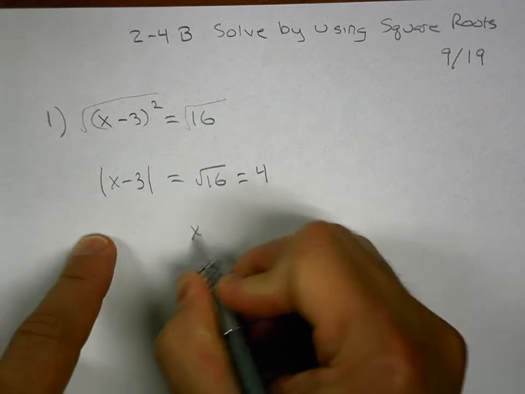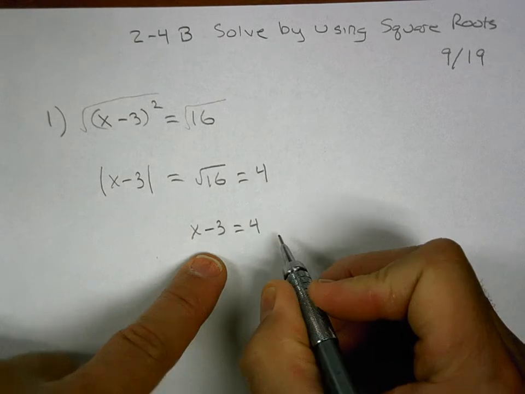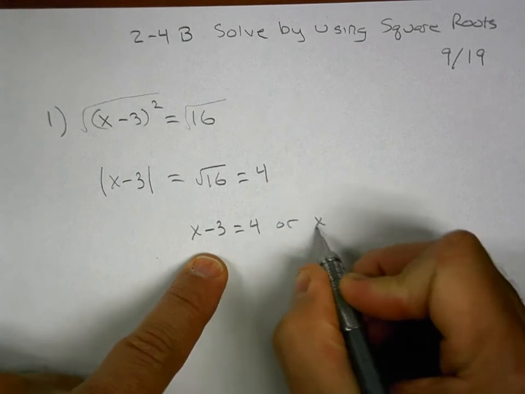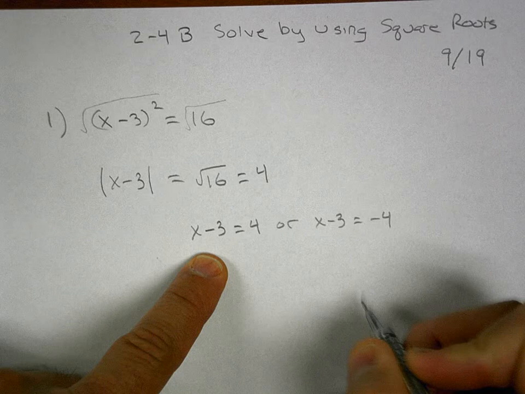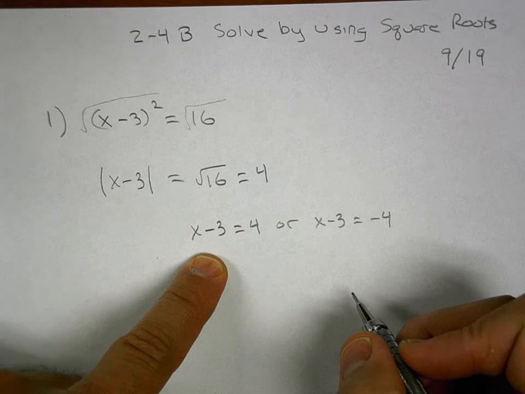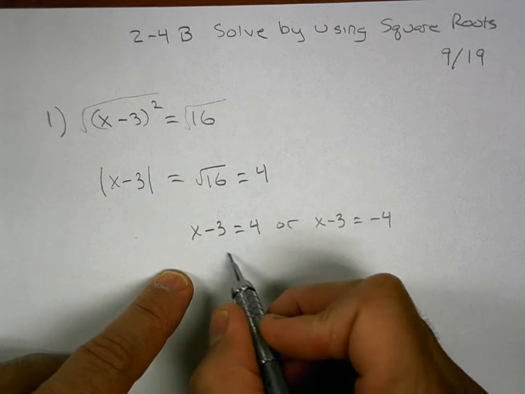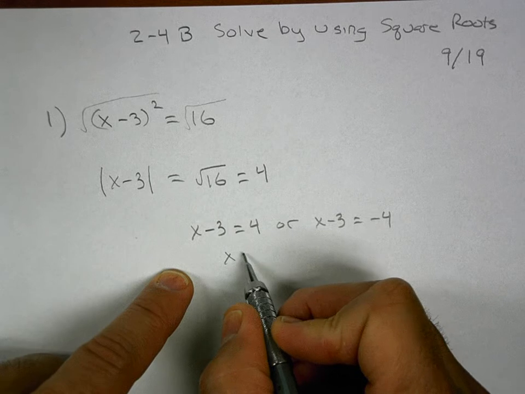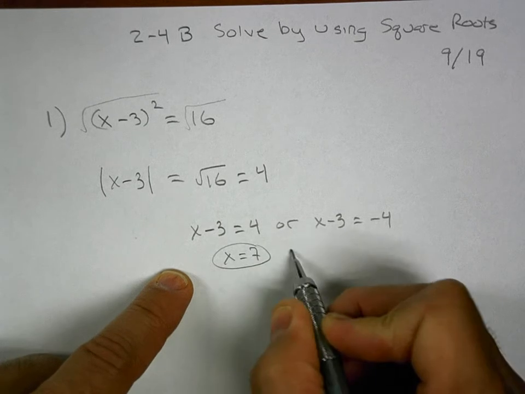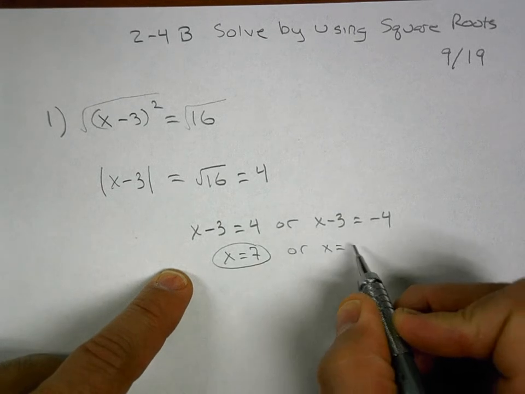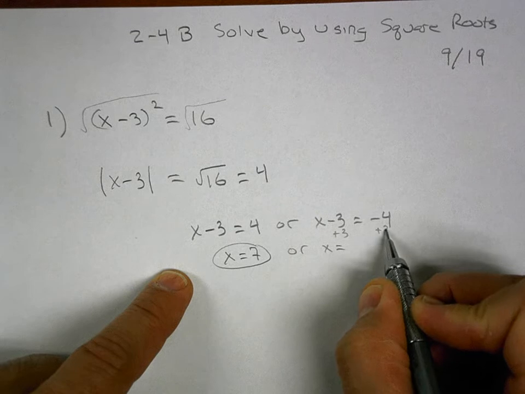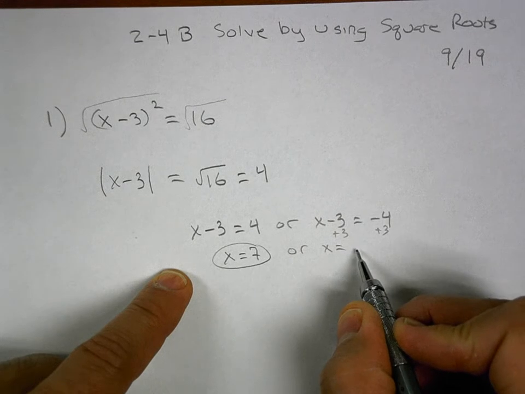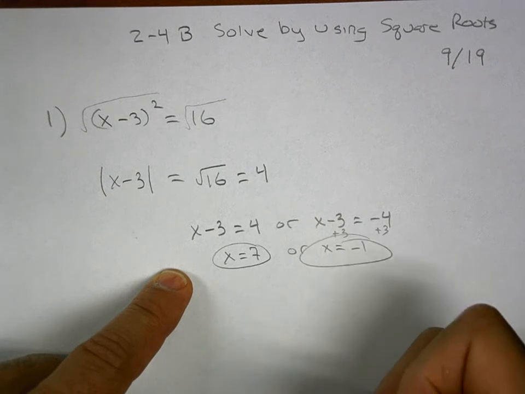So x minus 3 equals 4, or x minus 3 equals negative 4. It's nice easy algebra from there. Add the 3, so x equals 7, or x equals negative 1.